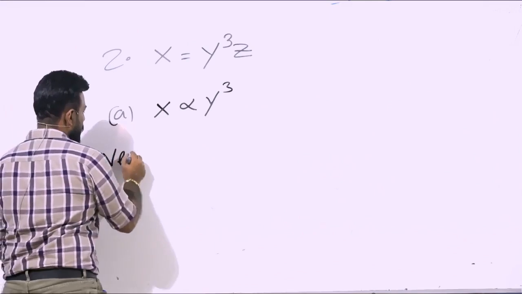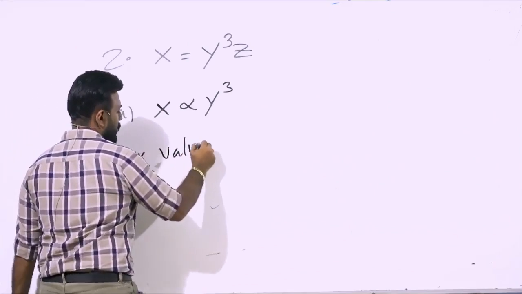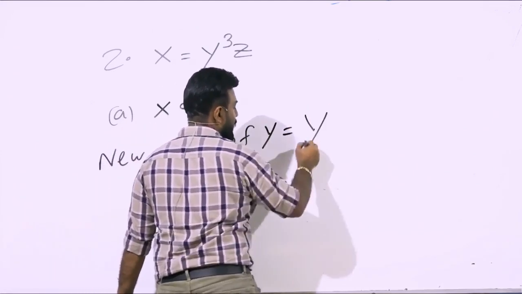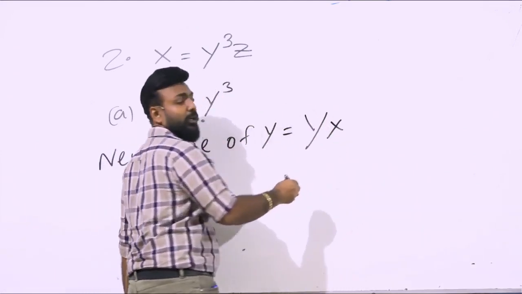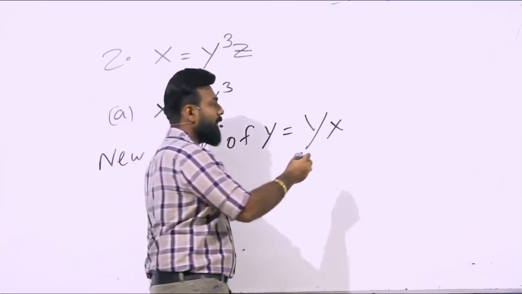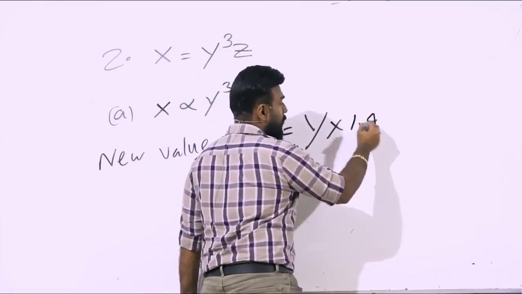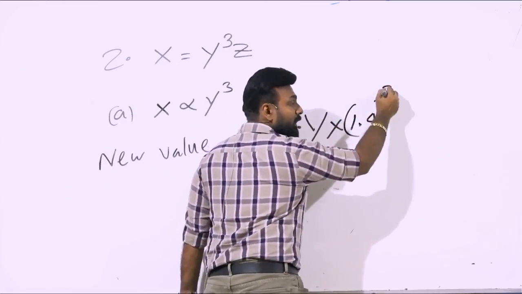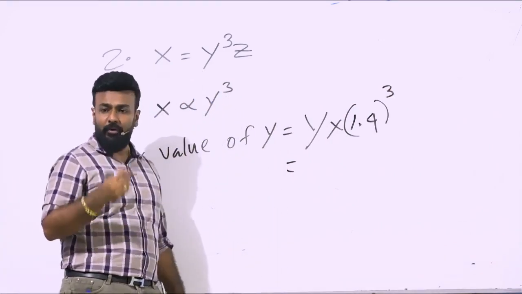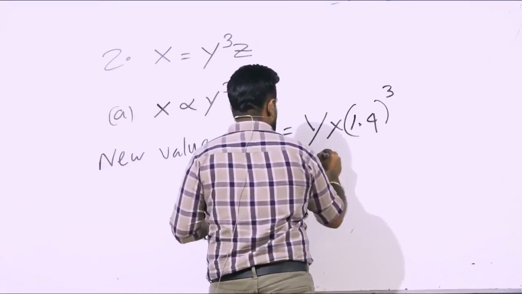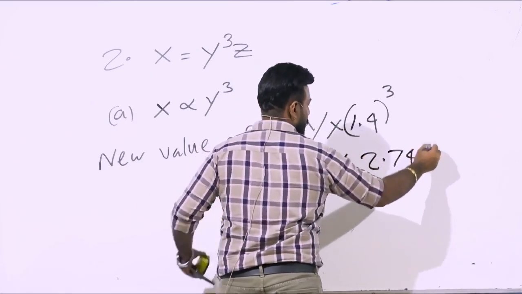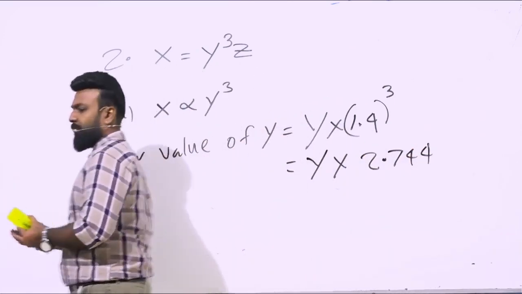The new value of y is its initial value into 1.4. What is the power? The third power. Now you have to multiply 1.4 into 1.4 into 1.4. This is y into 2.744.